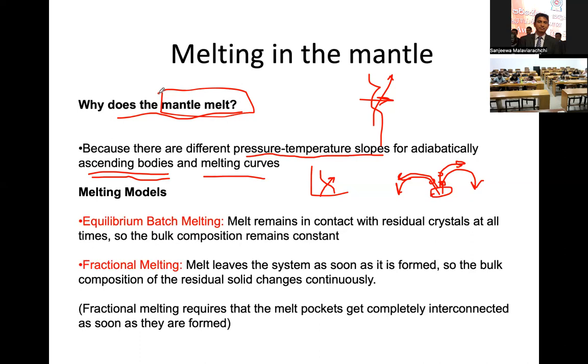Unless you have a mantle plume, which is coming from very deep, from the core mantle boundary, and that can bring up unmelted materials, and with that high temperature, these materials can start melting, and also due to the sudden heat flow, the shallow level mantle materials can also be melted.